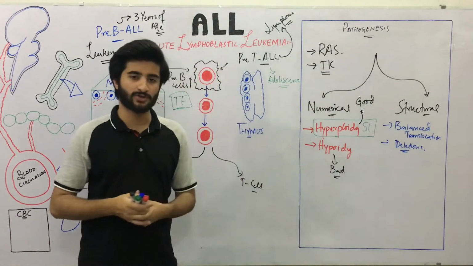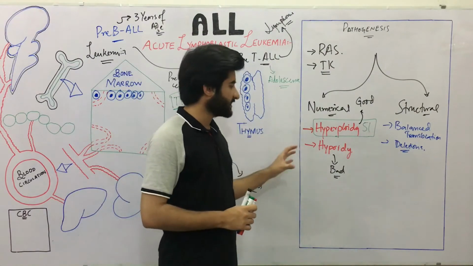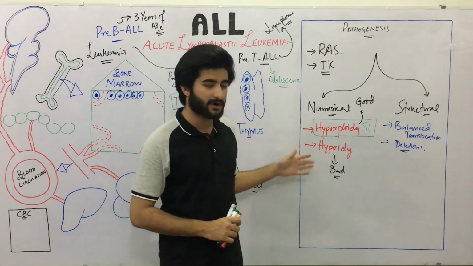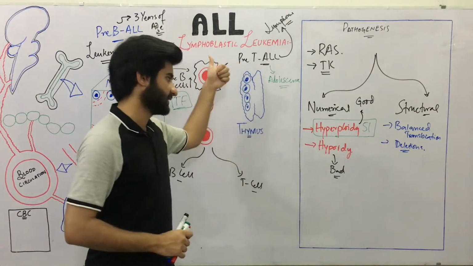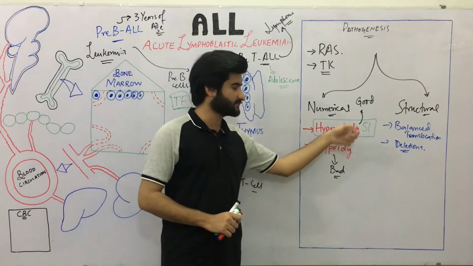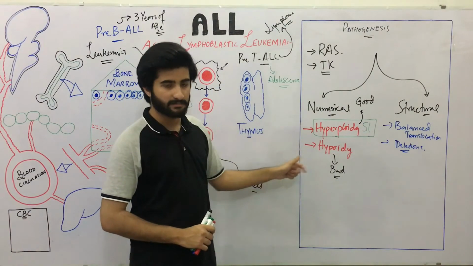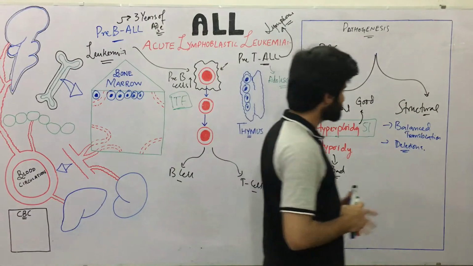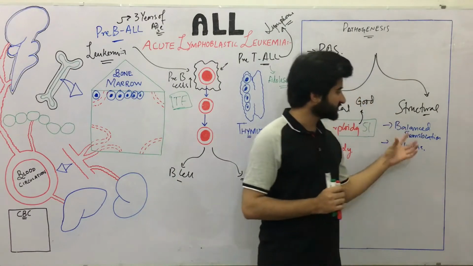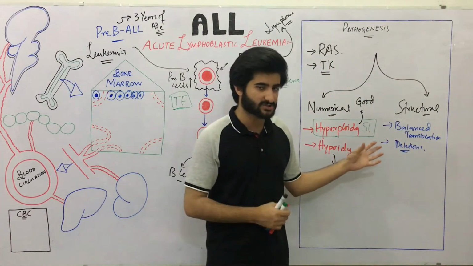So if we have numerical mutations in ALL, they can be either hyperploidy or hypoploidy. Hyperploidy is associated with a good prognosis, whereas hypoploidy is associated with a bad prognosis. Whereas structural mutations can be either balanced translocations or deletions.